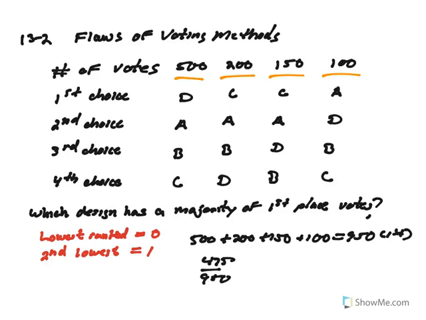So C received 200, and then the other C category received 150, and we add those up and you get 350 first choice votes for C. Let me write that down.